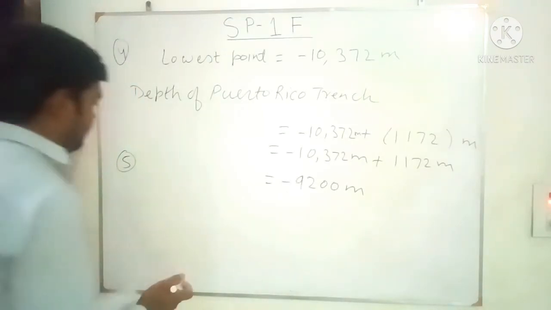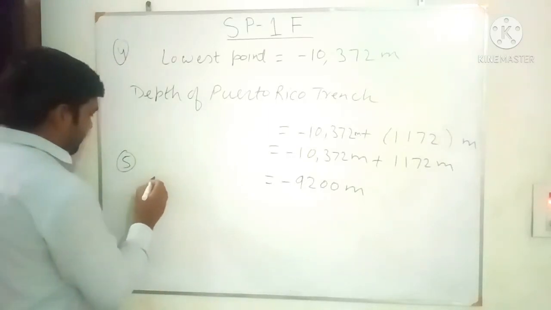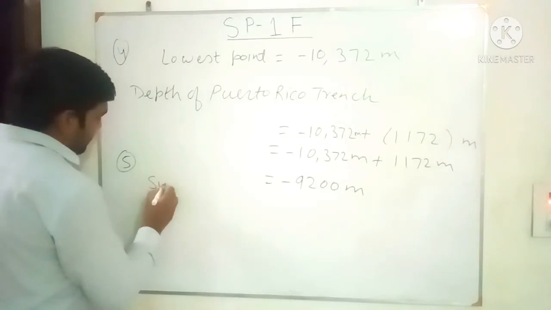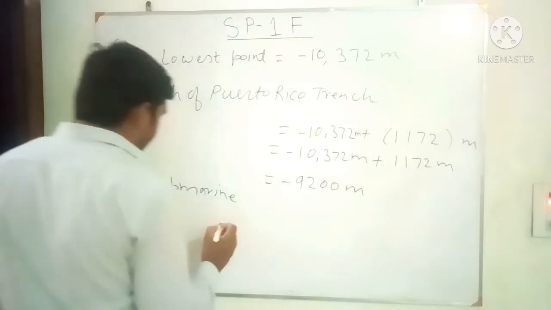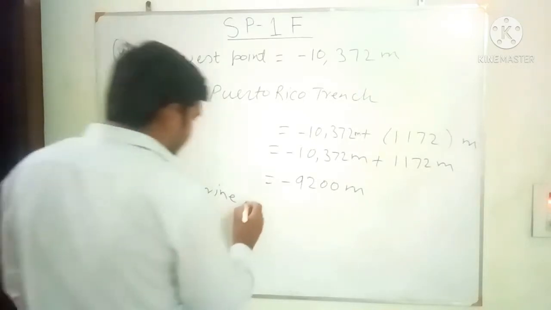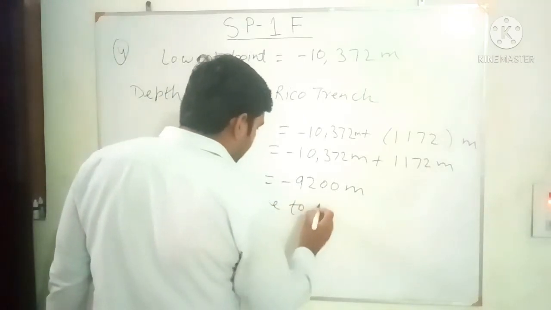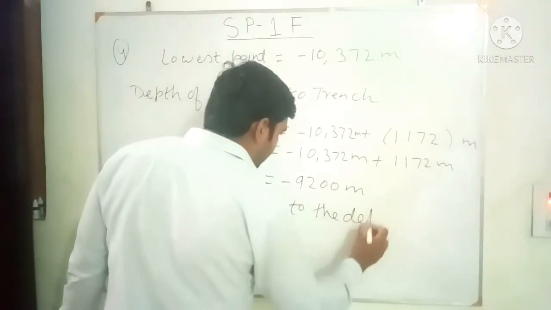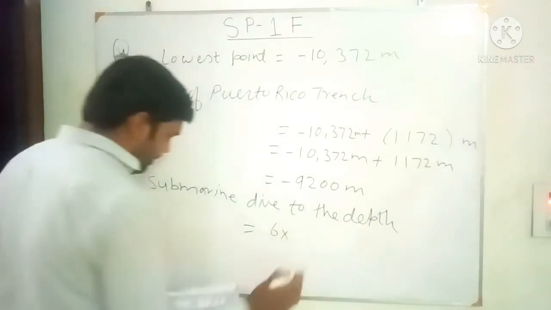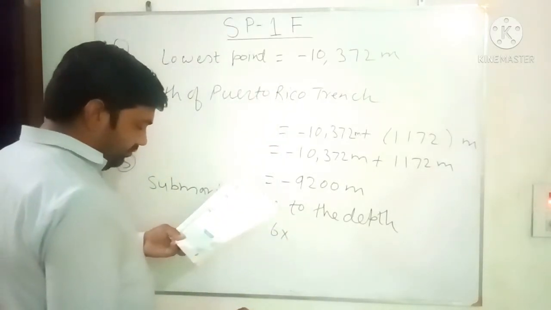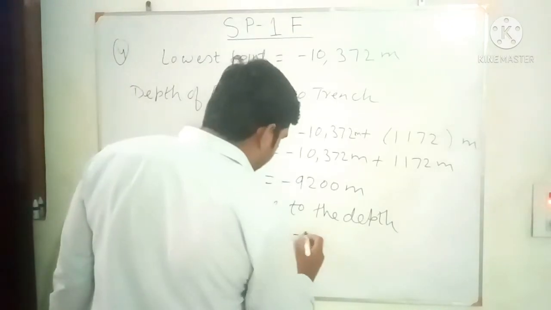So depth the submarine dives to equals how much? 6 times its initial depth, that is minus 250 meters.